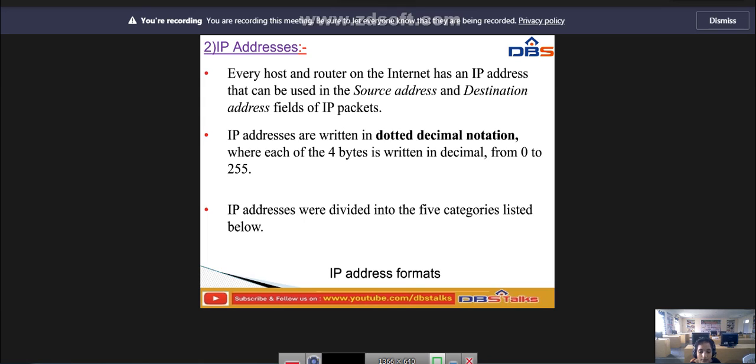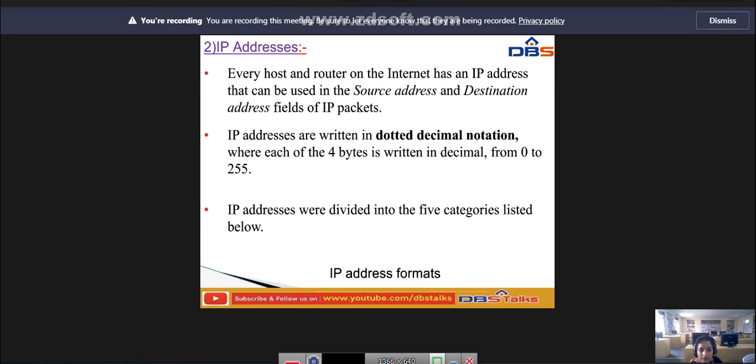So, IP addresses are written in dotted decimal notation, where each of the 4 bytes is written in decimal from 0 to 255. So, for example, the 32-bit hexadecimal address 80D00297 is written as 128.208.2.151.